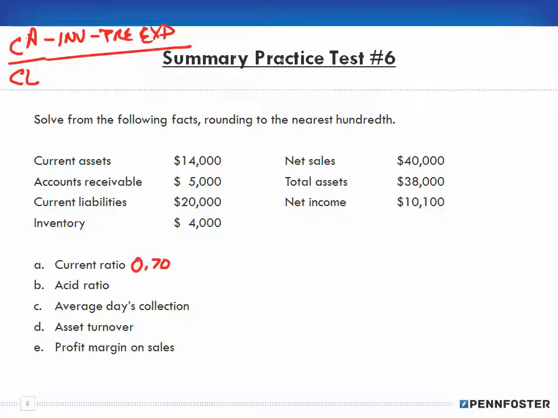Cash is cash, so it doesn't have to change. A marketable security is something like a stock. All it takes is a push of a button and a transfer, and that can be done in one day to convert the marketable security.